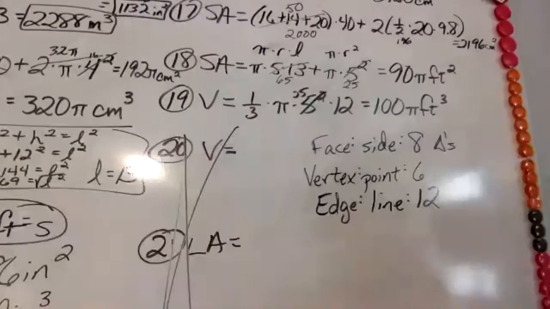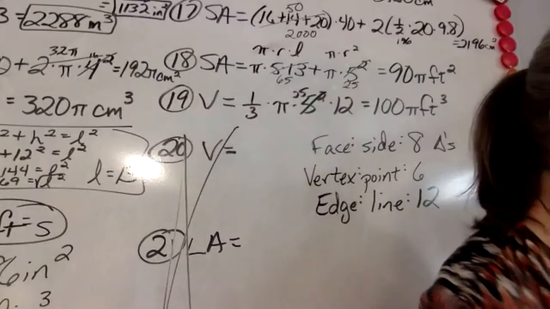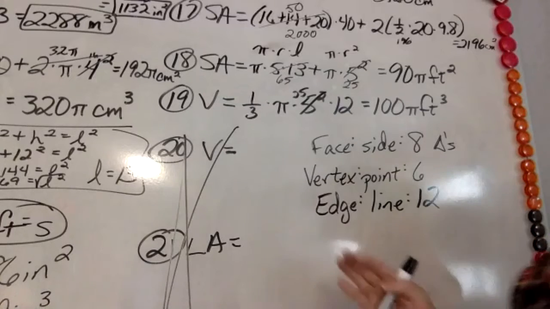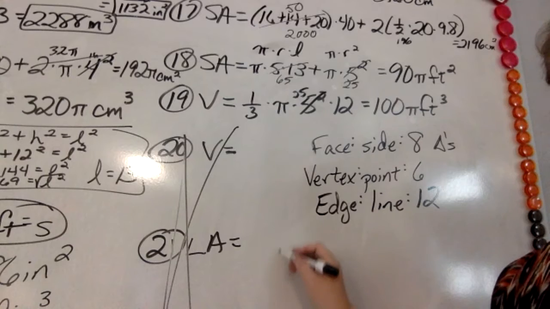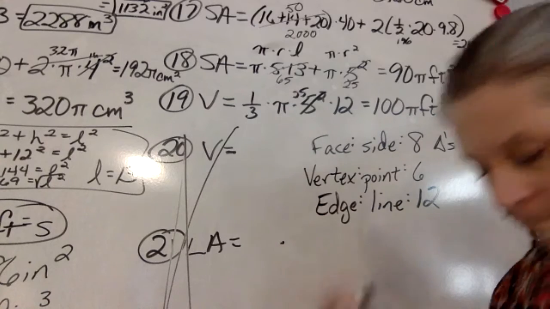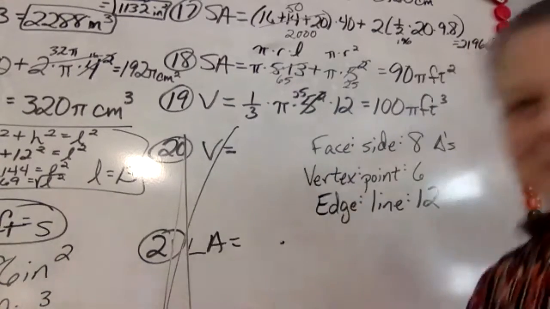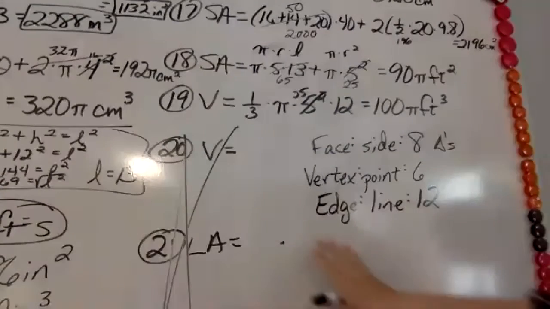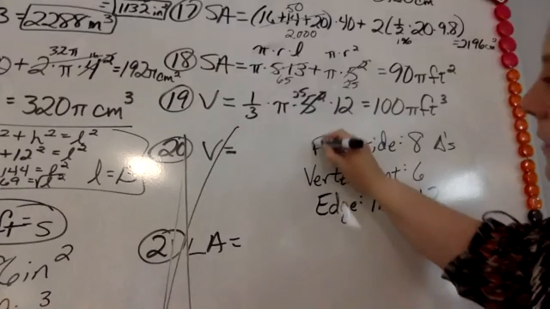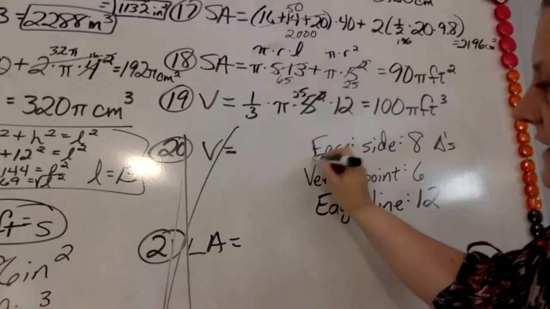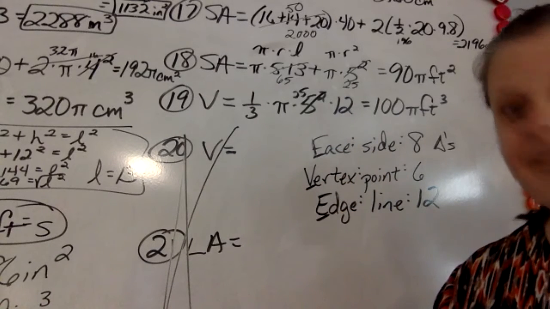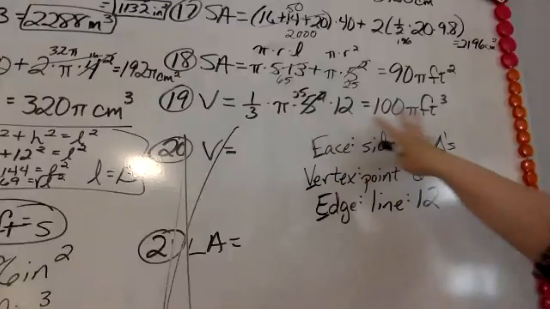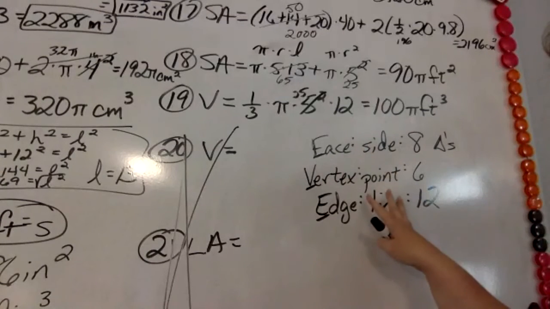12. Now remember, when we're talking about these, we had a formula in section 9.1. It was named after a dude. Do you remember? Euler's. Euler's formula. Very good. Your Euler's formula used your faces, your vertices, and your edges. So question number 1 on the quiz is for an octahedron.